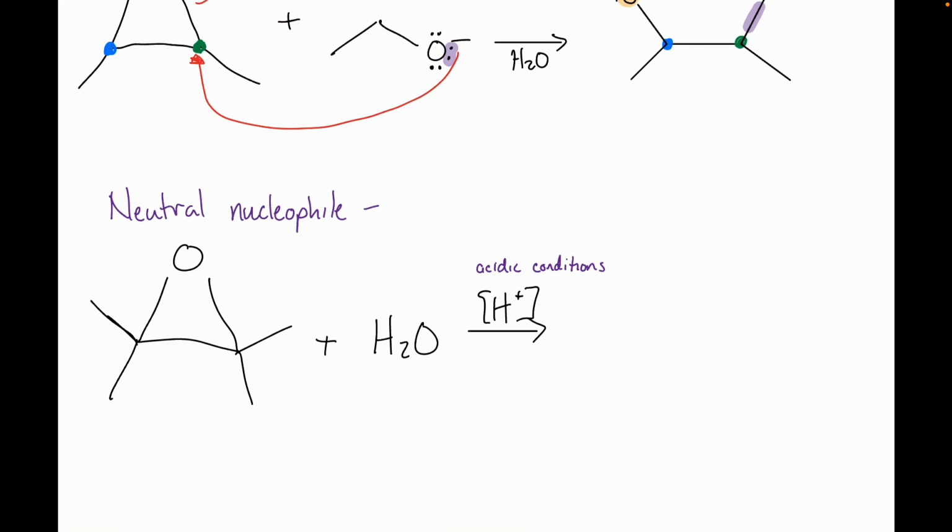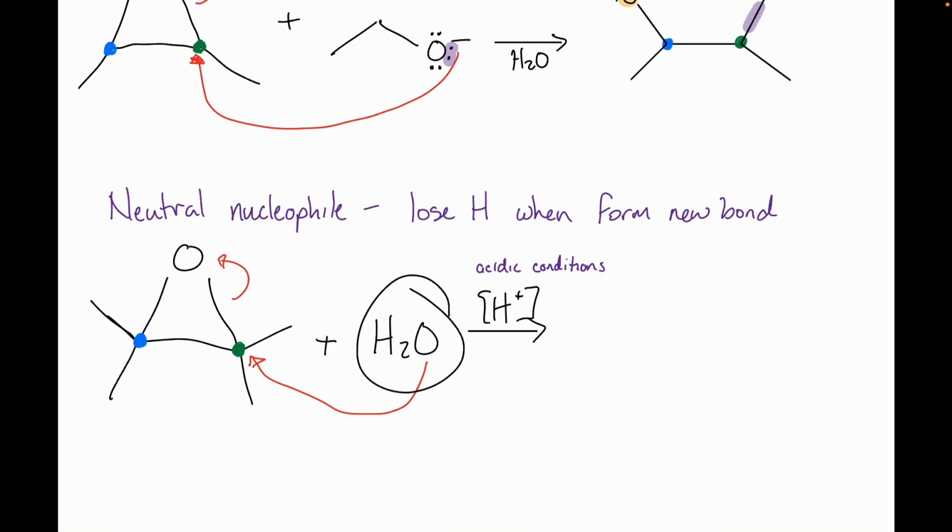And remember, neutral nucleophiles will lose a hydrogen when they form their new bond. So again, my nucleophile is going to react with one of these carbons in the triangle. Okay. It's going to attack. This is going to open.